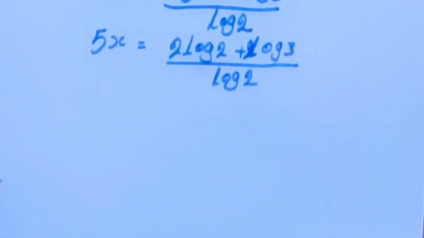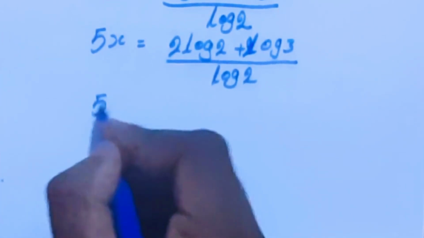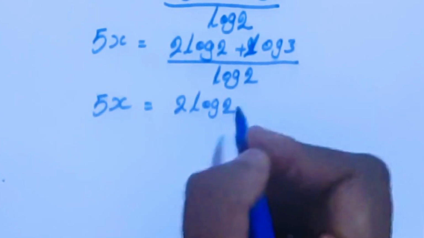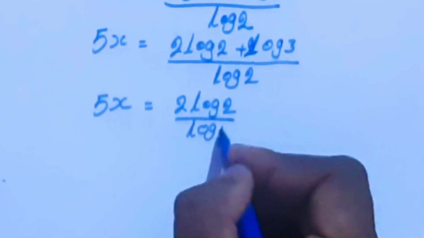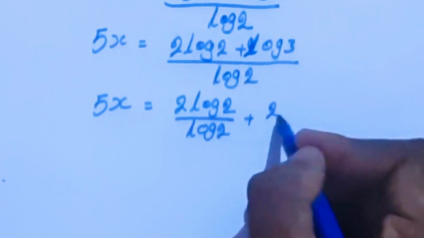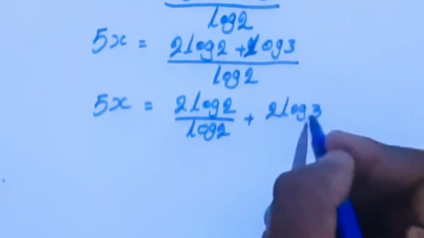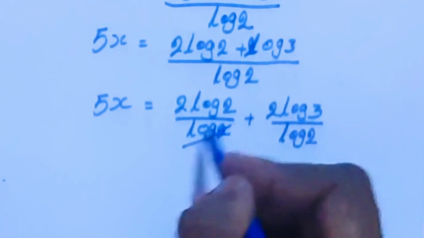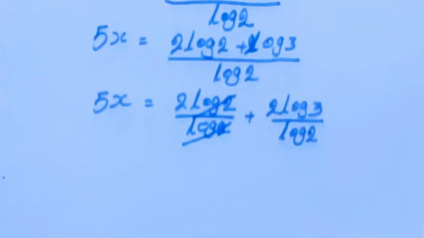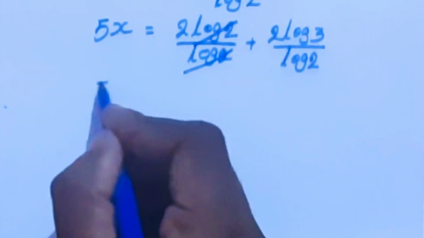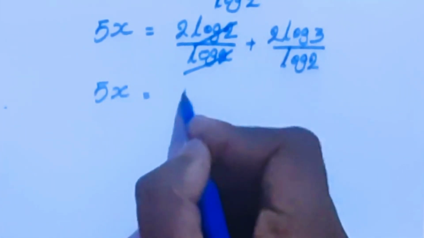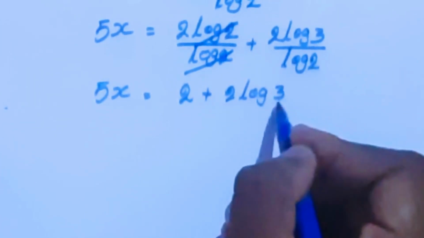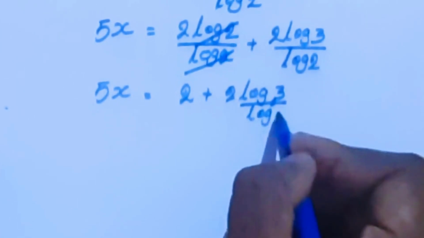So this can be written as 5x equal to 2 log 2 by log 2 plus 2 log 3 by log 2. Now this log 2 cancels this log 2. So we have 5x equal to 2 plus 2 log 3 by log 2.